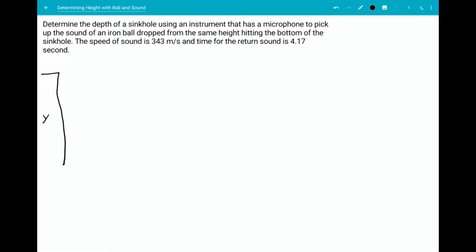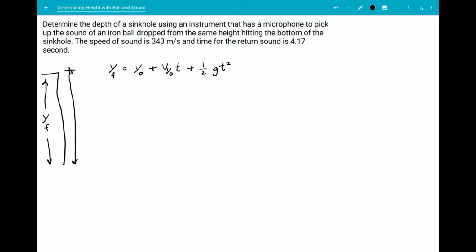Well, we should always sketch, so let's sketch the side of the sinkhole, and I'm going to call it y final because it's up and down, and I'm going to say that that total length is y final. The ball would start at the top, and I'm going to put a coordinate plane, and it's going to drop down. I'm going to use the kinematic equation in the y direction: y final equals y initial plus v y naught for the iron ball times time plus 1/2 g t squared.